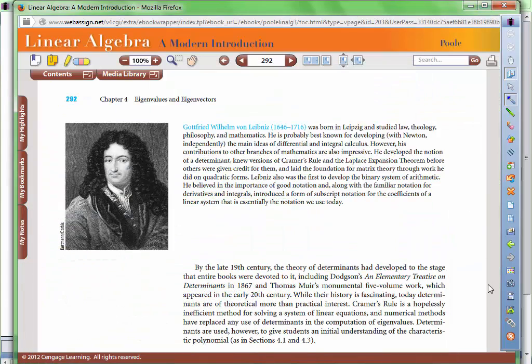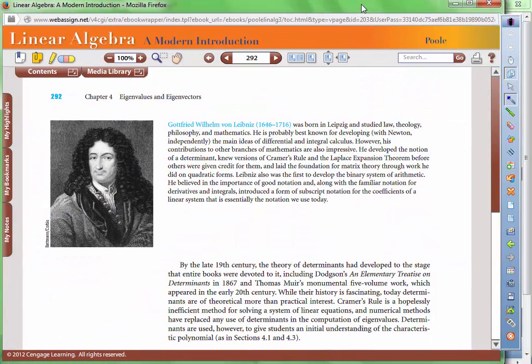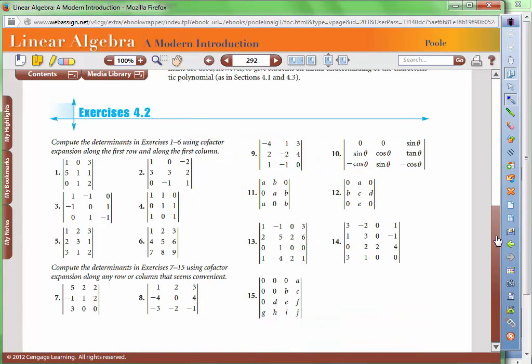Where is it? Do we have any big matrices here? No, let's do number 13.